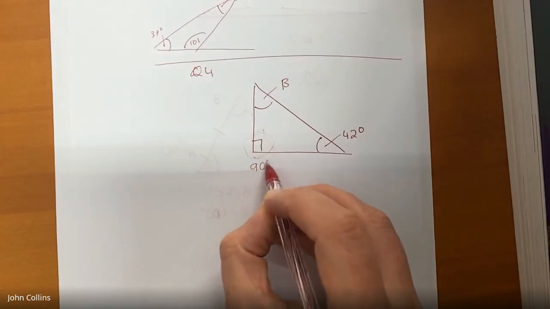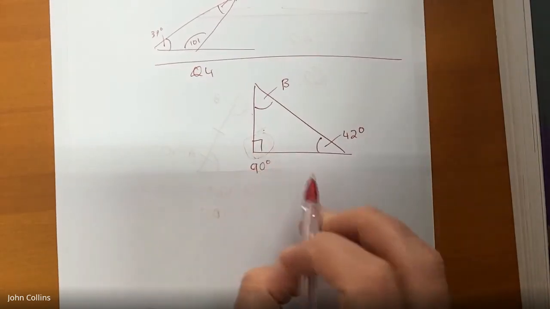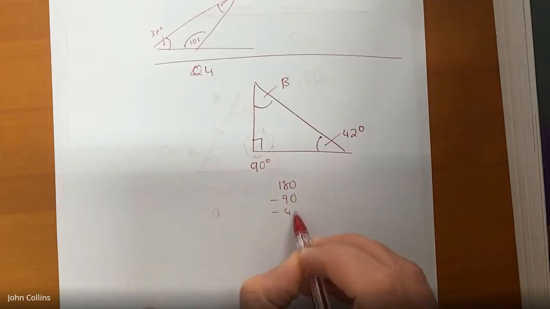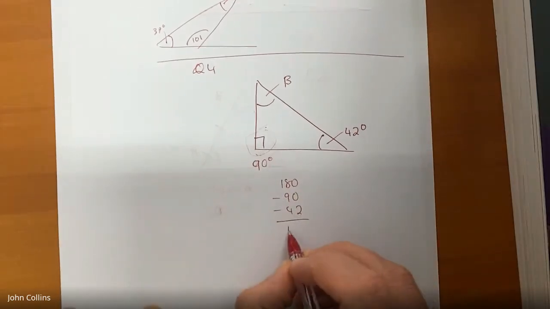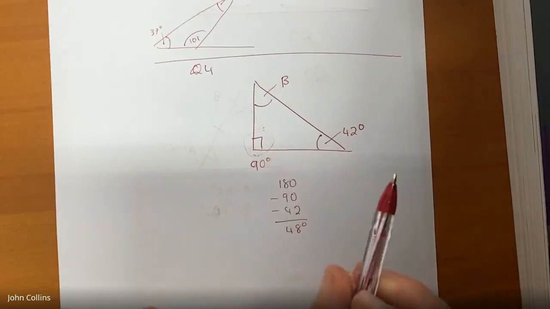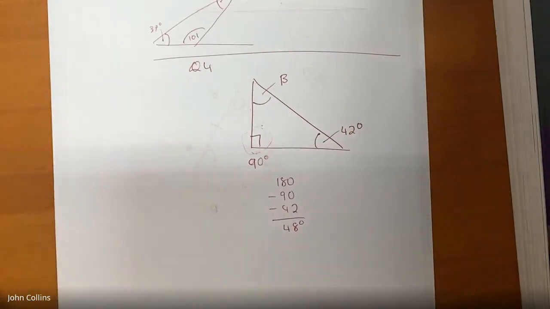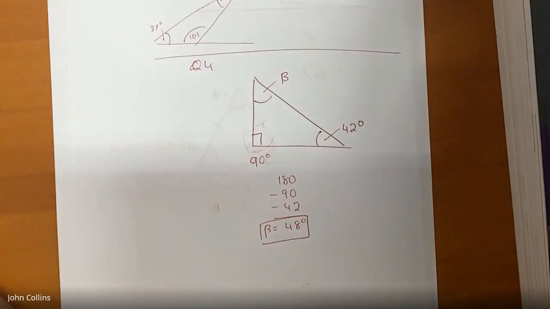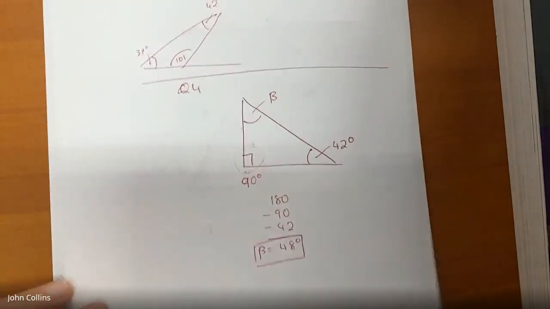So we know that's 90 degrees. So we have 180 degrees, take away the 90, take away 42, and you can use your calculator for this, that leads us to 48 degrees for the top. So we would label it beta equals 48.